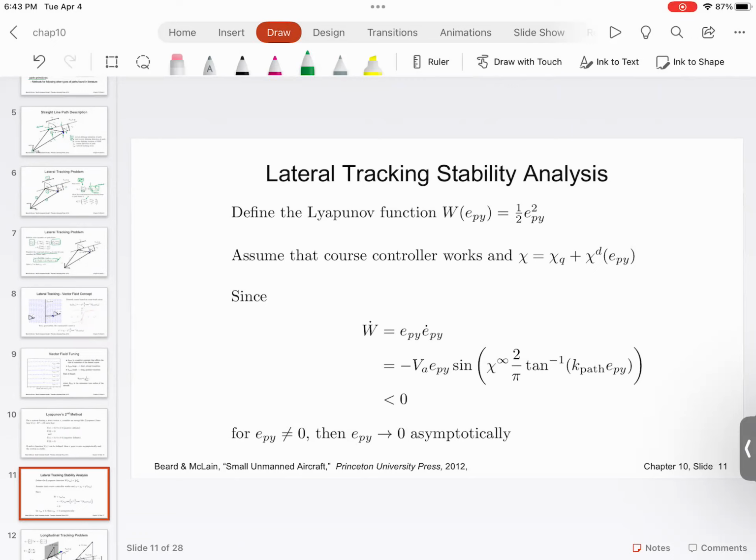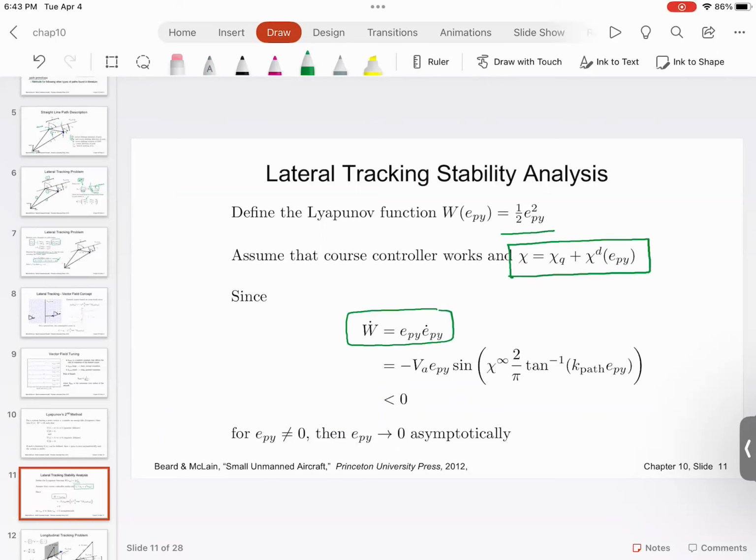What that means is, you can define a Lyapunov function which is something like this: W = e_py squared, because the Lyapunov function needs to be positive definite. Whether e_py is positive or e_py is negative, W, the Lyapunov function, will always be positive. And what we are going to do is define this course controller, and then find the derivative of this Lyapunov function.